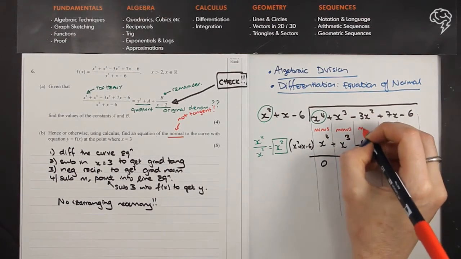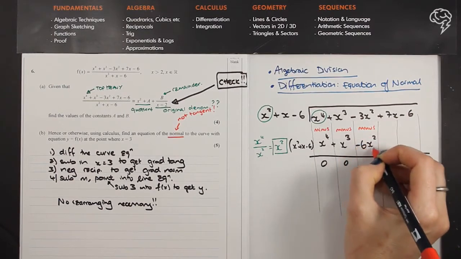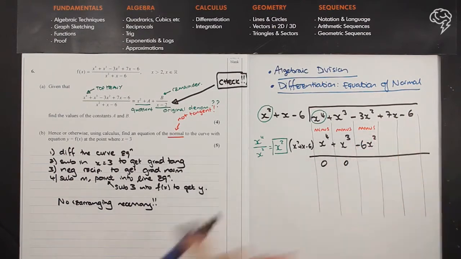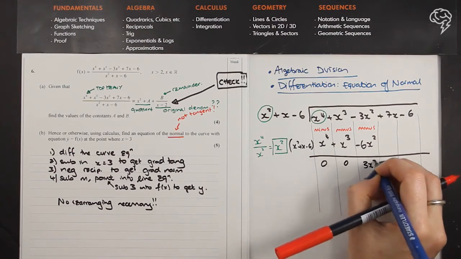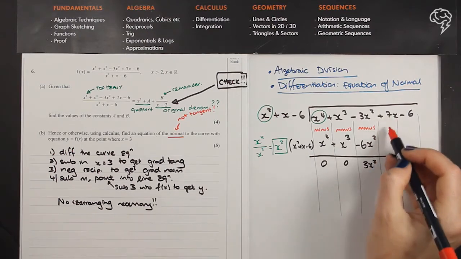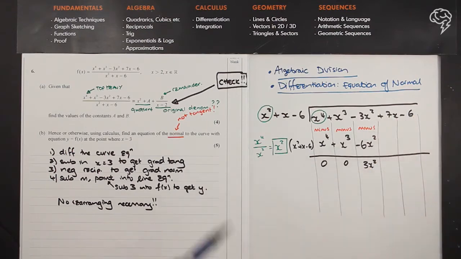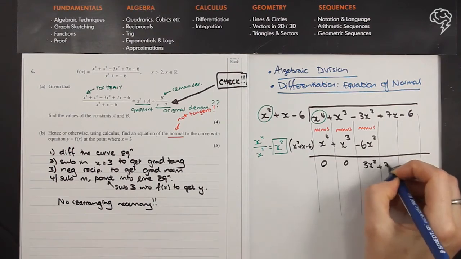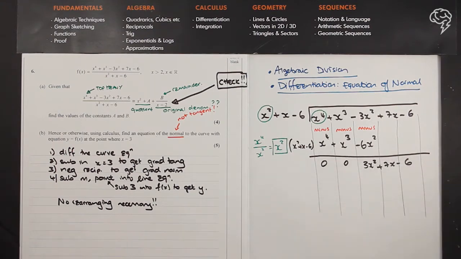Minus 3x squared minus 6x squared makes a plus, so 3x squared. And then we've got 7x minus 0, minus 6 minus 0, so they just stay the same. Done. Okay, now we repeat.